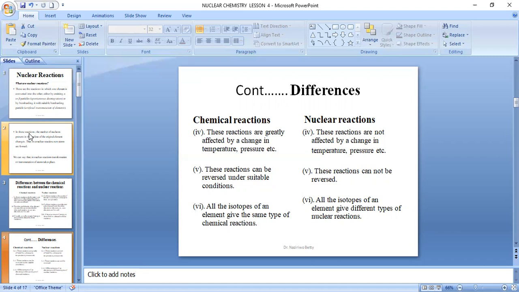And lastly, in chemical reactions, all the isotopes of an element give the same type of chemical reactions, while in a nuclear reaction, all the isotopes of an element give different types of nuclear reactions.